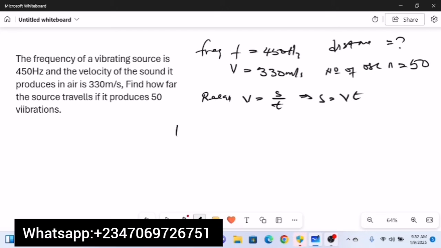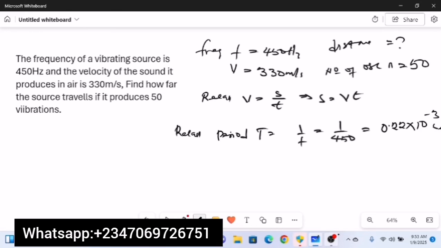But you recall that the period, T, is 1 over frequency, which is 1 over 450 hertz. So our period is 1 divided by 450, which gives approximately 0.22 times 10 to the power of negative 3 seconds.